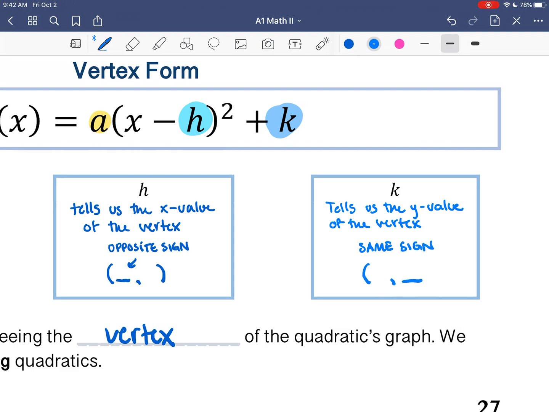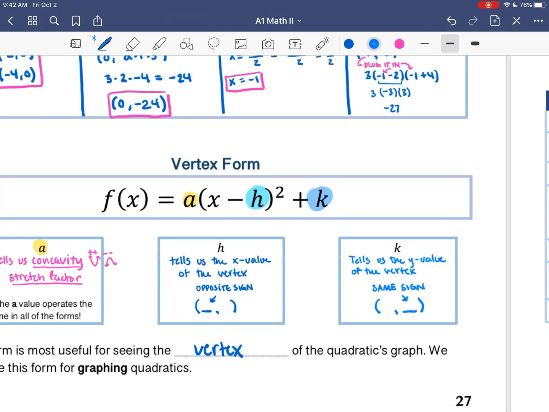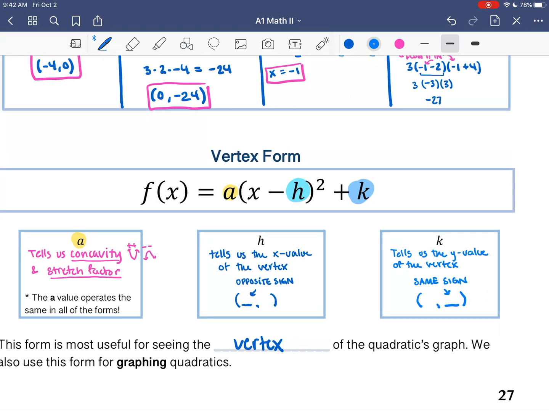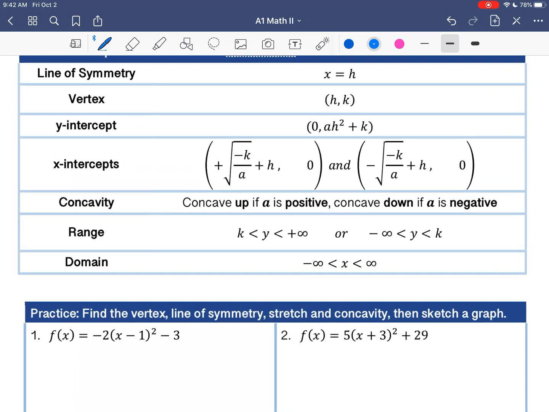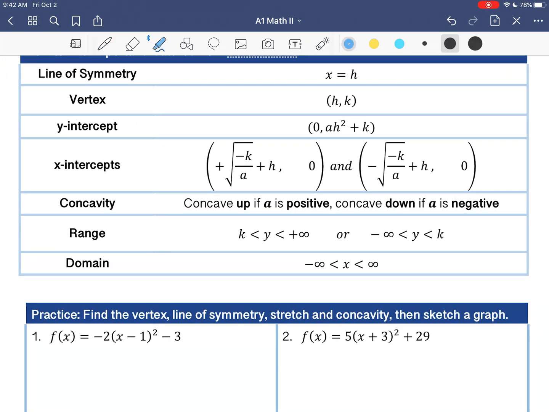So you don't have to switch the sign on this one, and this tells us this value of the vertex. So this one's nice because the vertex is really plain to see, and because the vertex is really easy to see, so is the line of symmetry.